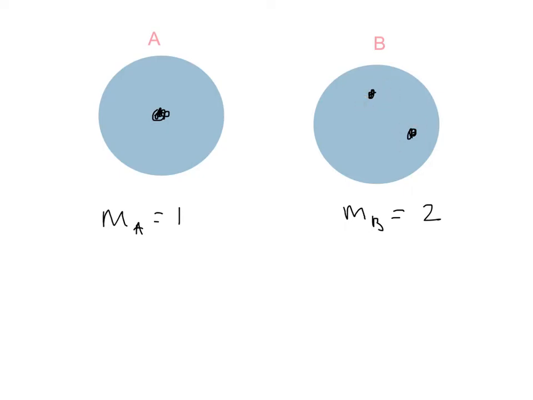So let's go ahead and look at the force of gravity. So remember, the force of gravity is individual. So for each particle, each masslet exerts a force on the other masslet. So right here, these two particles are attracted to each other. So we can represent that as a circle.